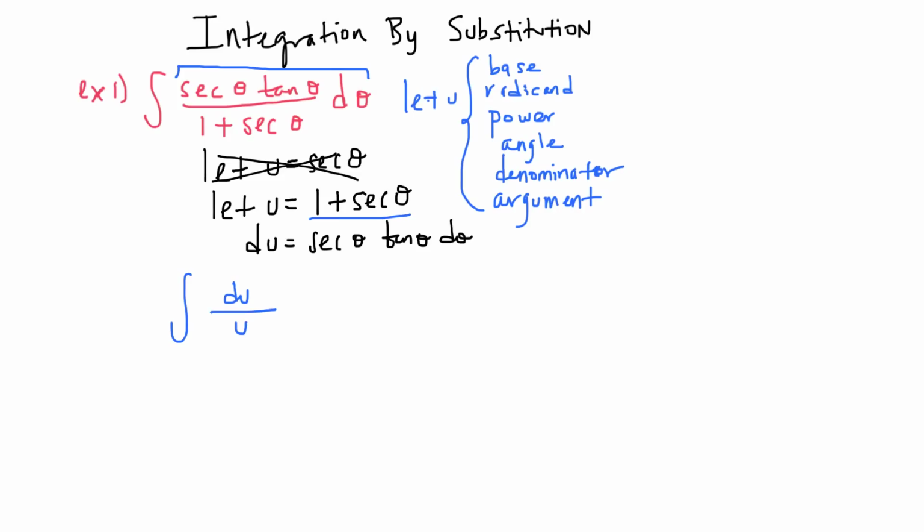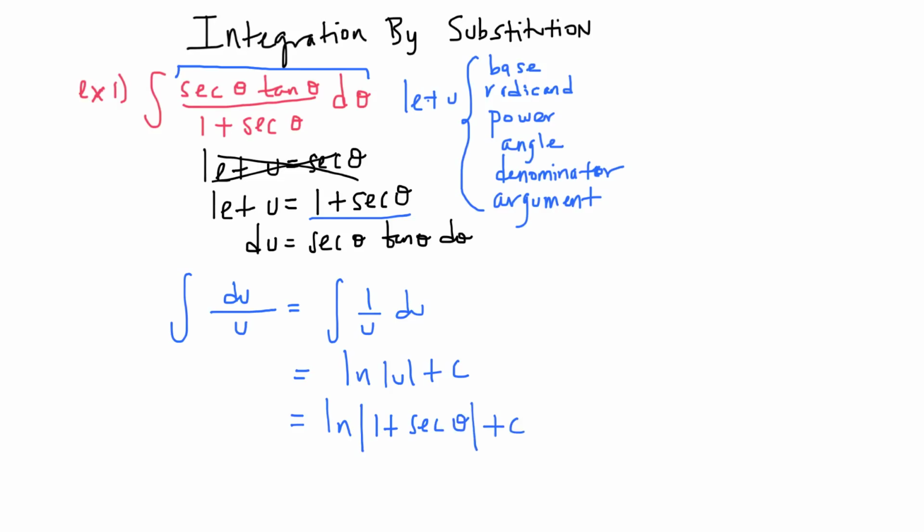And this just becomes the integral of 1 over u du, which is the ln of the absolute value of u plus c, and that is the ln of whatever u was, which is 1 plus secant theta, plus c.